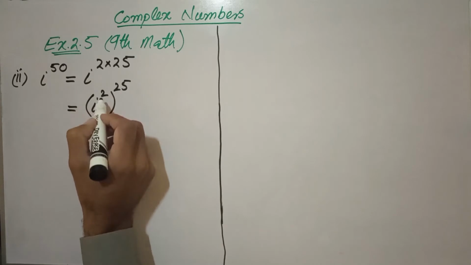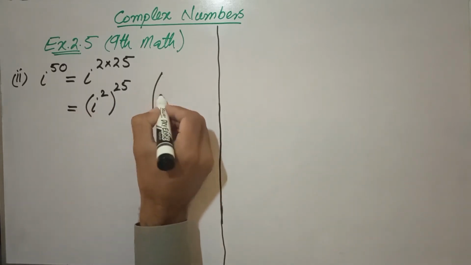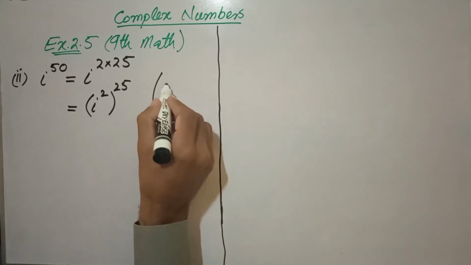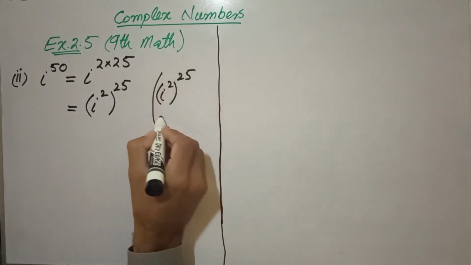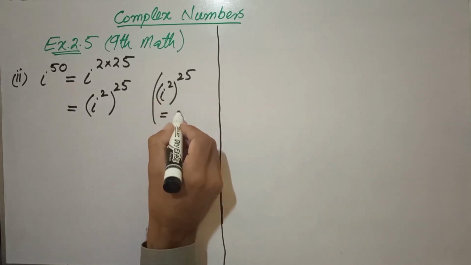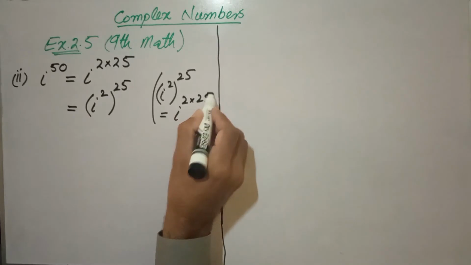If we write this iota square power 25, and using the property the power is multiplied with the power, we can write iota 2 into 25, which is the same.